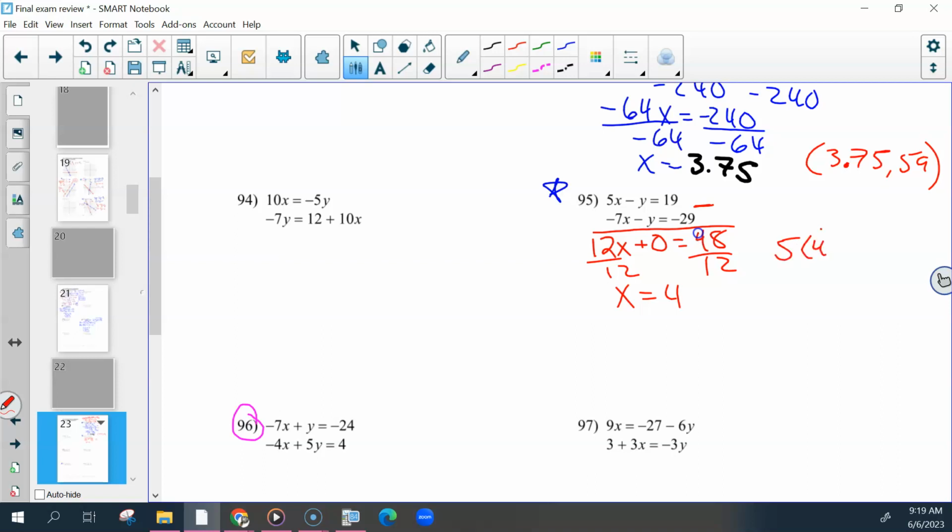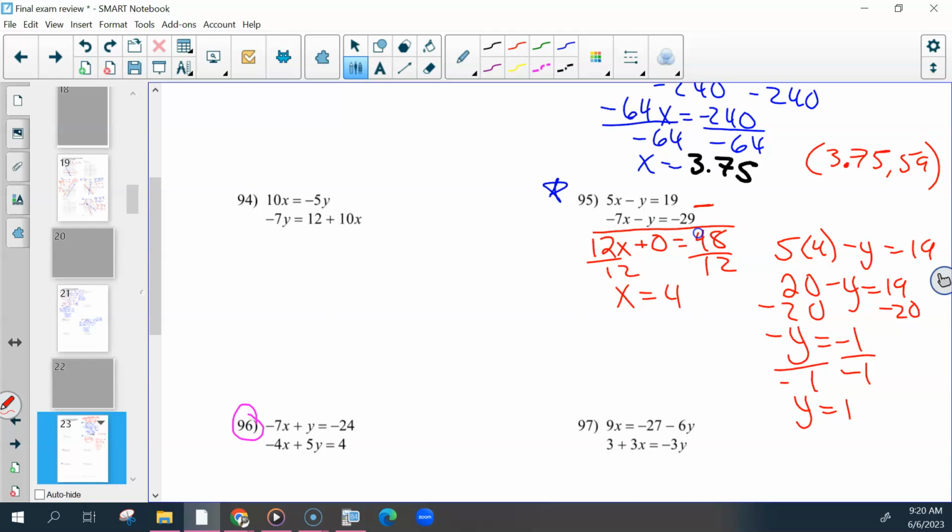Let's put in 4 instead of x. We have 20 minus y equals 19. You can either get rid of 20 and then divide, or get rid of y and then move it back. Your choice. And then write your final answer as an ordered pair.